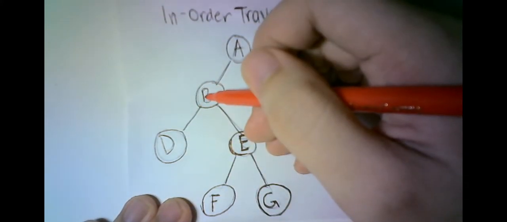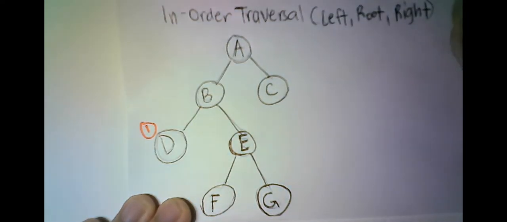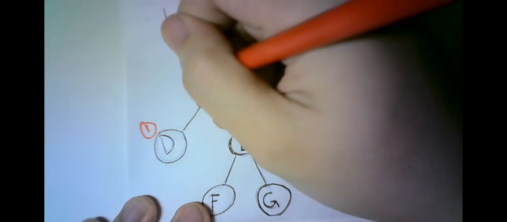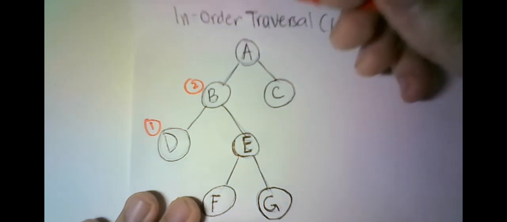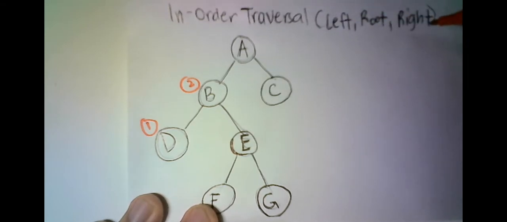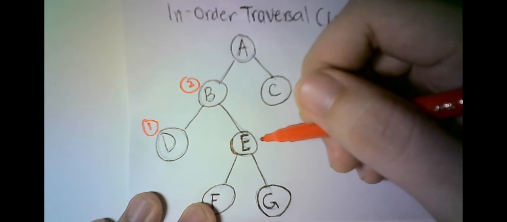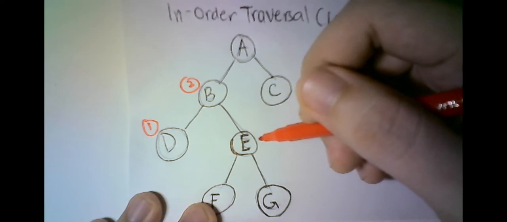So we start from the left. Just D. That's our first, D. Then you go to the root, just B. This is our second. Then you go to the right, which is E. D, B, F.